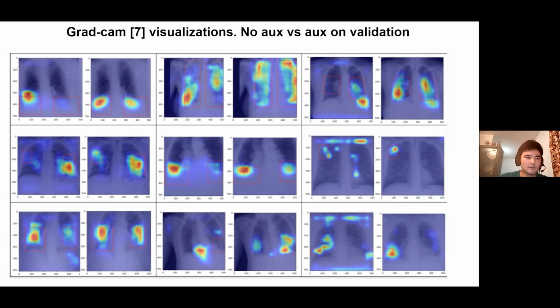Each cell shows two heat maps: the first is for the model trained without the auxiliary branch, and the second is for the model trained with the auxiliary branch. The model trained with the auxiliary branch is much better at capturing these opacity locations, and that's why it classifies much better, as can be seen from the results I've shown before. So this is how we can force the models to look into these opacification regions and discriminate better.